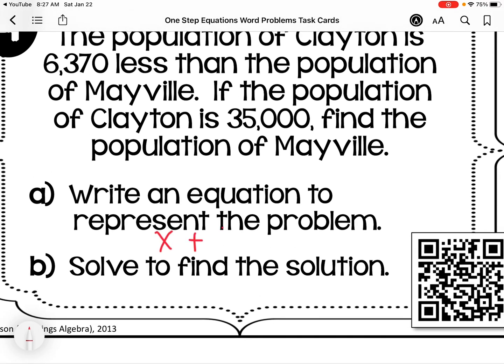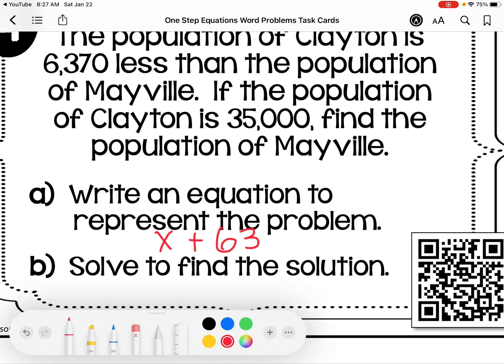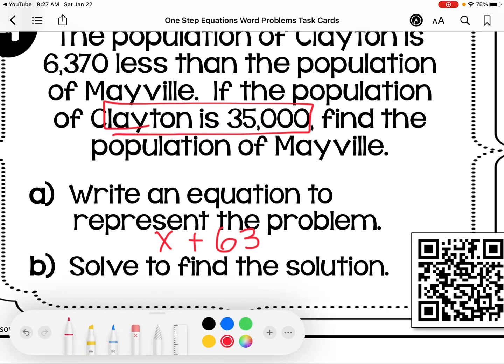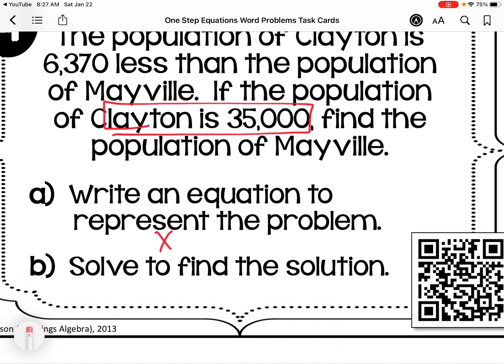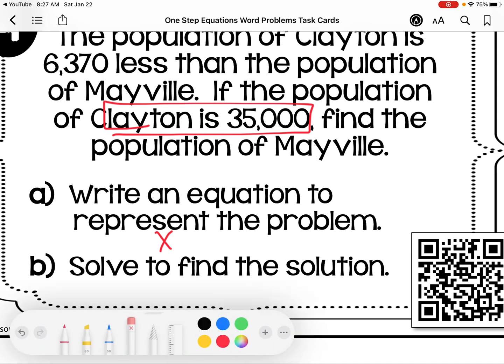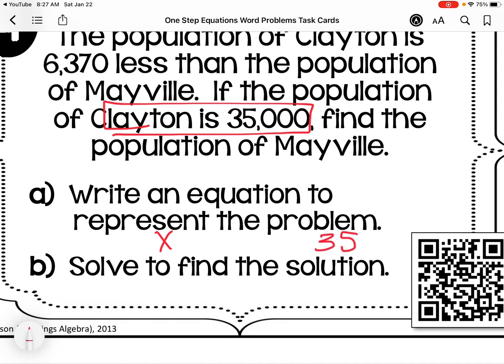So they're giving me the population of Clayton, and I have to figure out what X is in my situation.